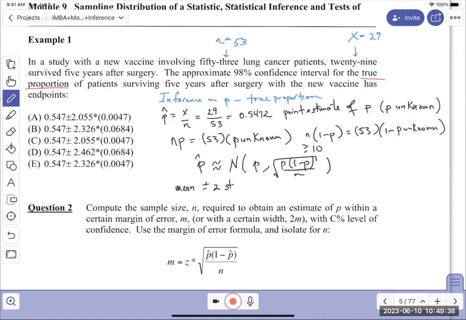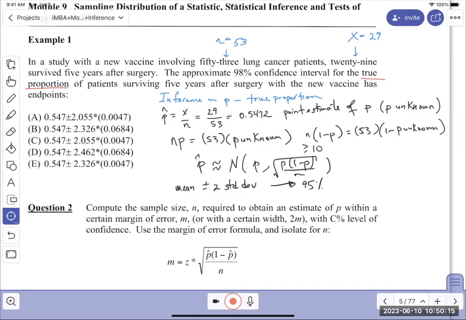2 standard deviations from the mean, and that should capture how many observations? What percentage? Not yet, Patricia. 95%. Uh-huh. 95%, right? Yes. So that's going to be 95%. How many standard deviations from the mean should I be for 98%? 3 standard deviations?